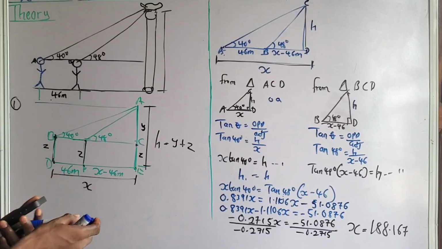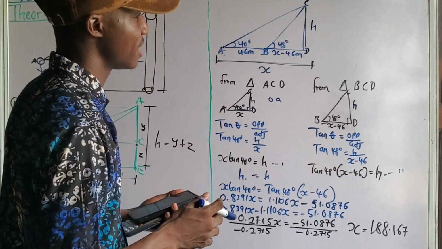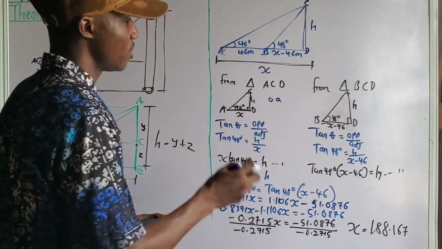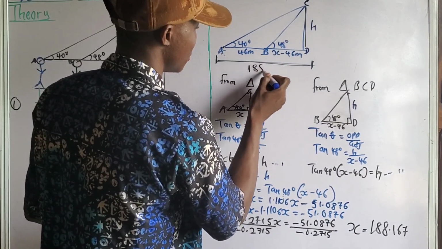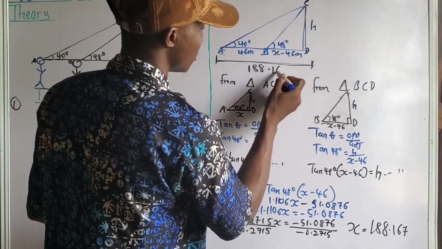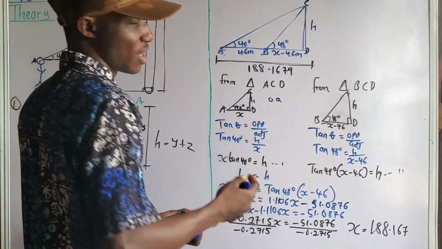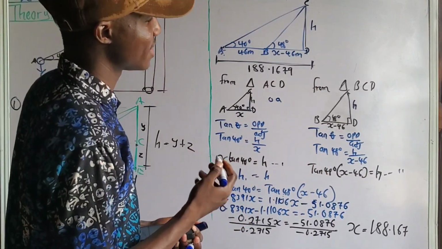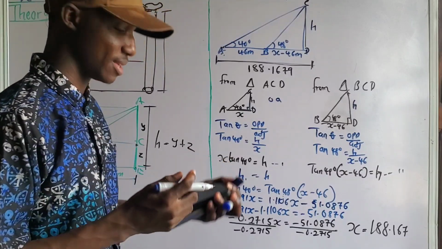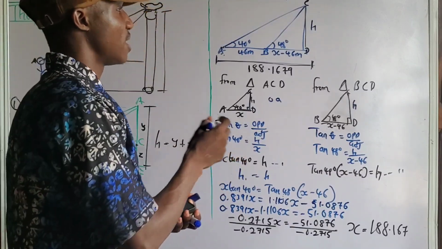To get the height of the pole, we have already gotten the value of x as 188.1679, and you can leave it in two decimal places, that is 188.17. Now, how do we get the height?